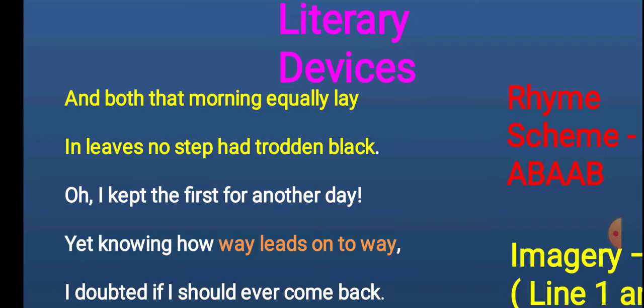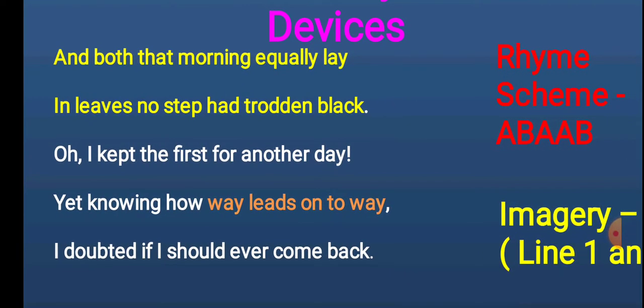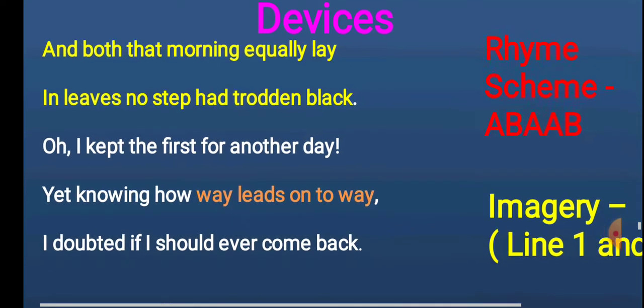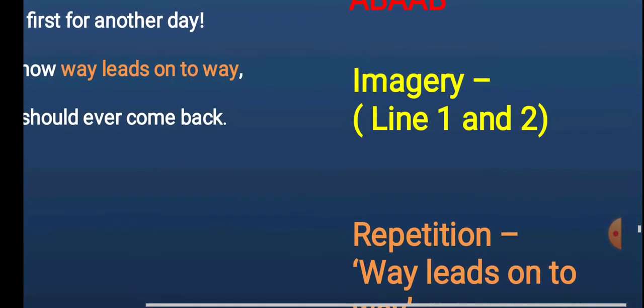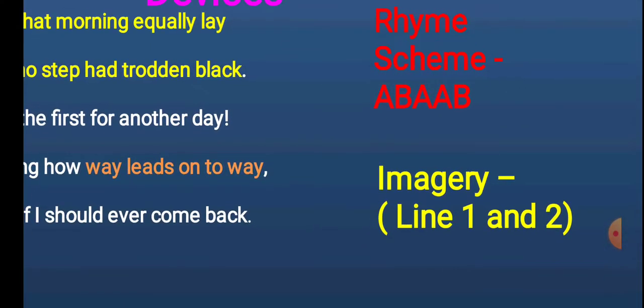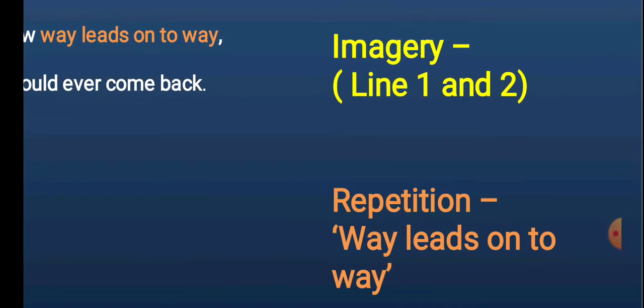It means we start to create a scene of the morning where there were leaves that no step had crumbled to black in color. So we are creating a scene. This is an example of imagery. We started to imagine.